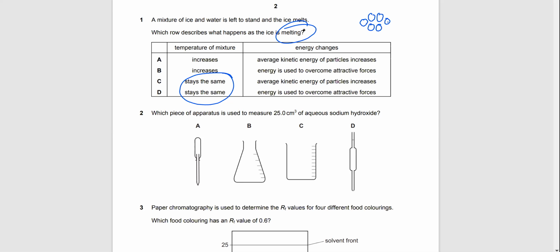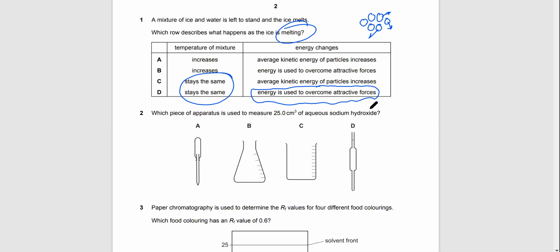When something is changing state, the particles are basically overcoming the attractive forces and breaking free from each other. That is the reason why the temperature is not changing, why it stays the same, because all the energy is being spent to break the attractive forces.